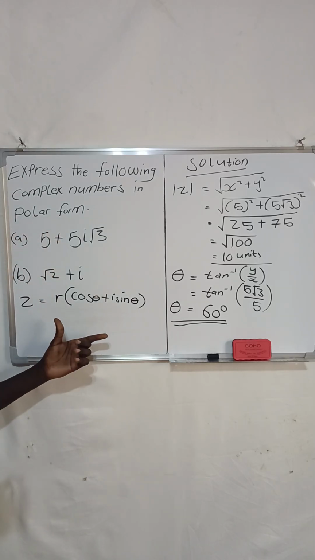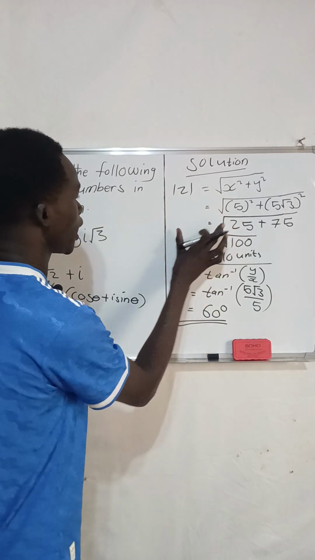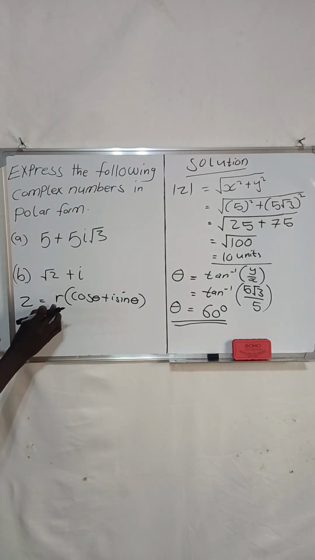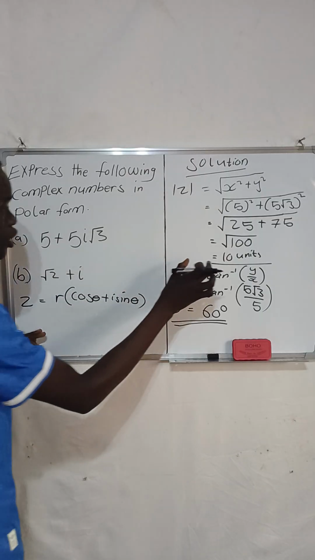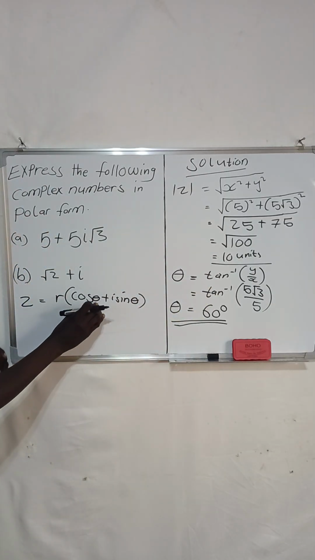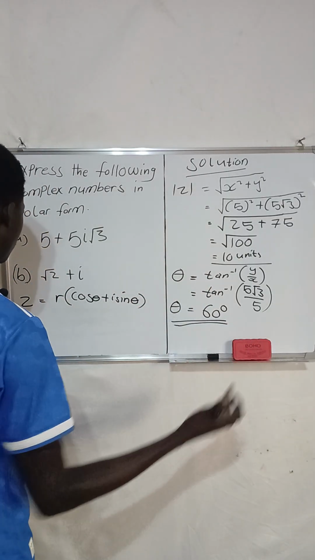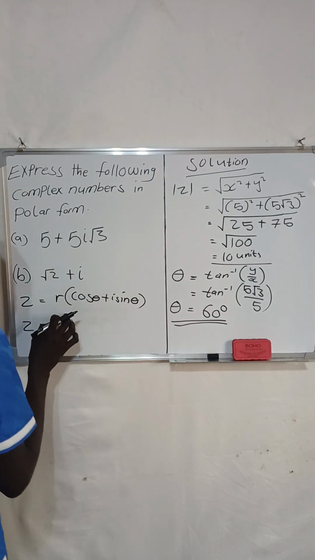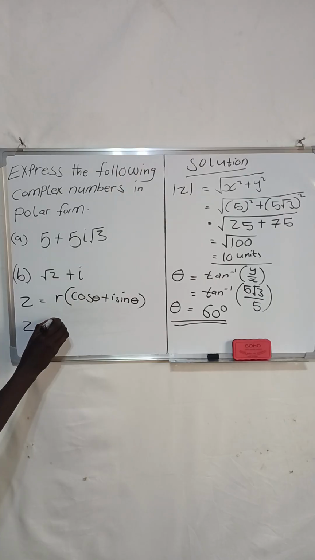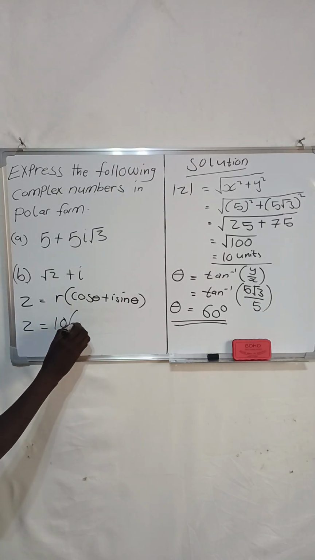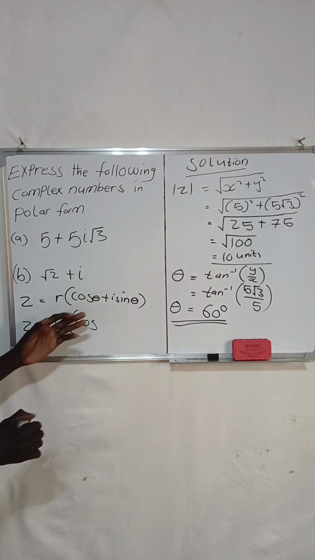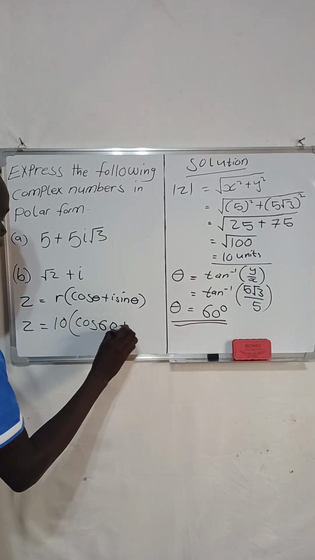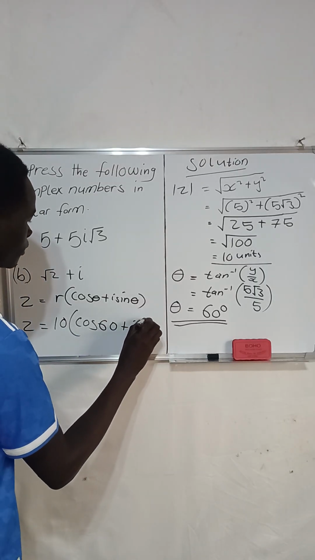We just have to substitute our modulus and our theta into it. Our r is 10, right? So it is 10 into cos 60 plus i sine 60.